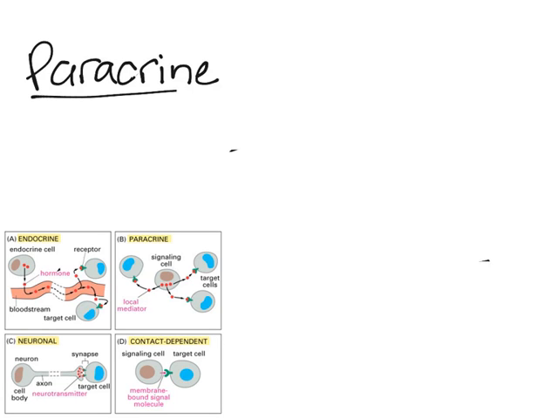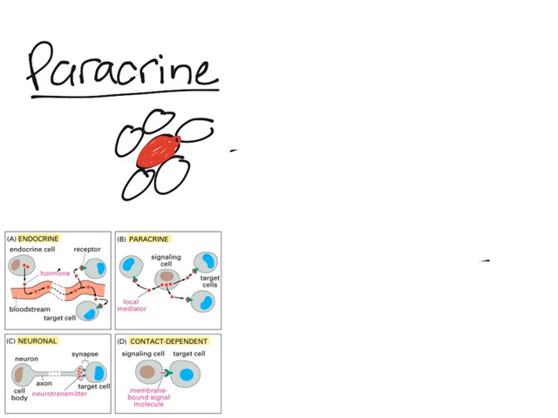Now another type of signaling is paracrine. And so what paracrine is, one cell sends multiple signals to others. So essentially, imagine this is the major cell that we're concerned with sending signals.